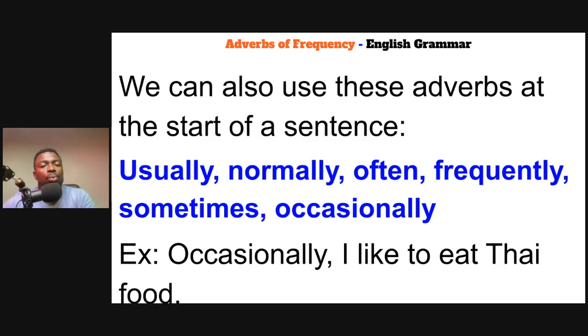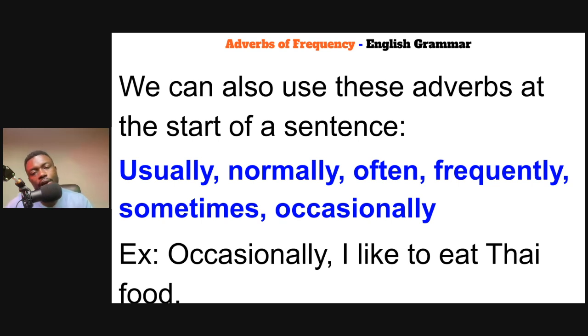All right. We can also use these adverbs at the start of a sentence. You can start a sentence with them. Not all of them, but some of them. For example, usually, normally, often, frequently, sometimes, and occasionally.